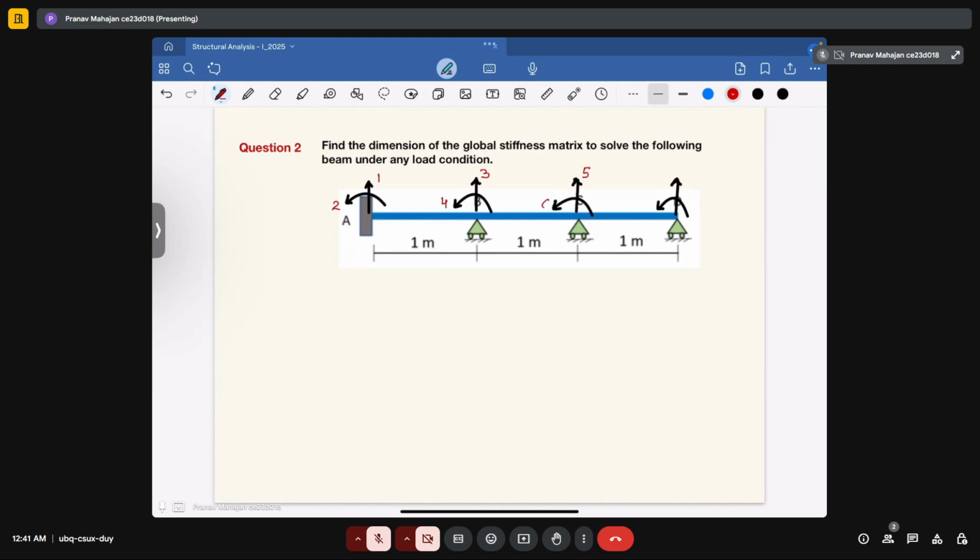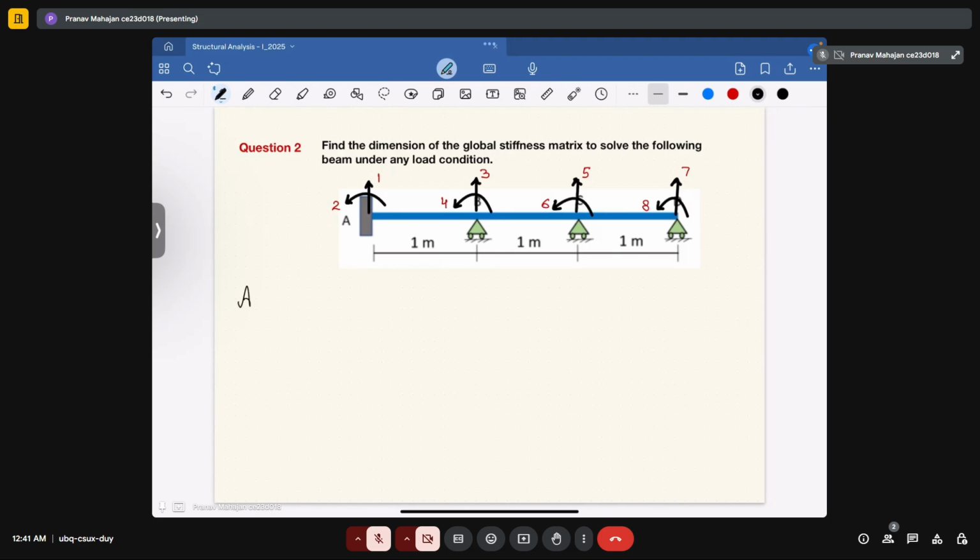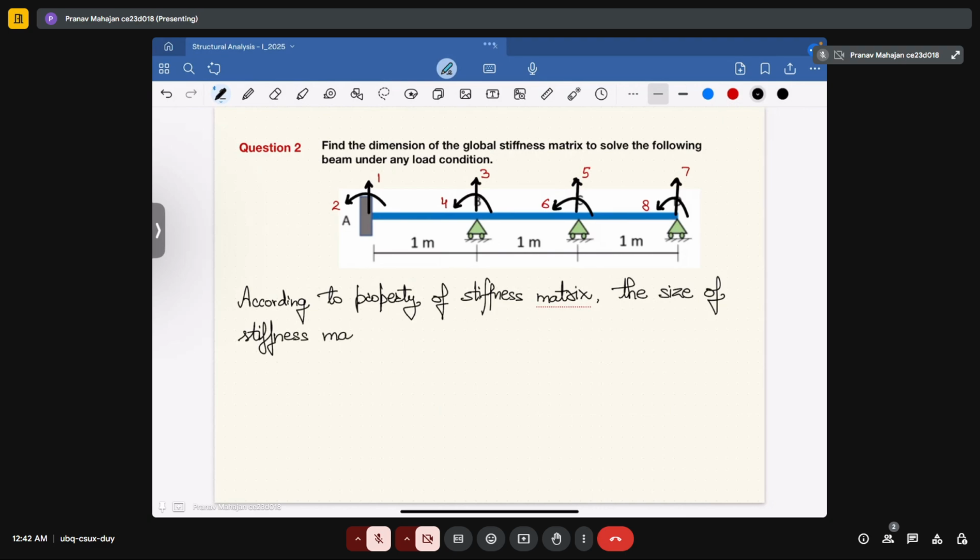5, 6, 7, 8. So as we have already mentioned, I will write here according to property of stiffness matrix, the size of the stiffness matrix is dependent upon, not independent, it is dependent upon the degree of freedom.